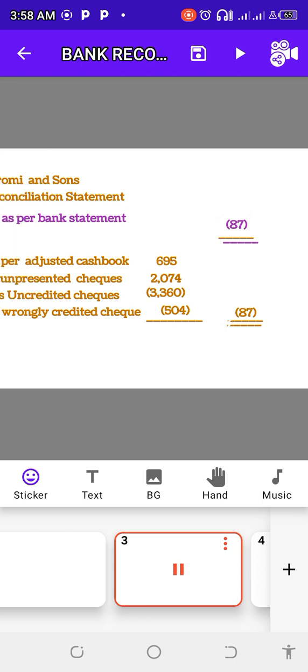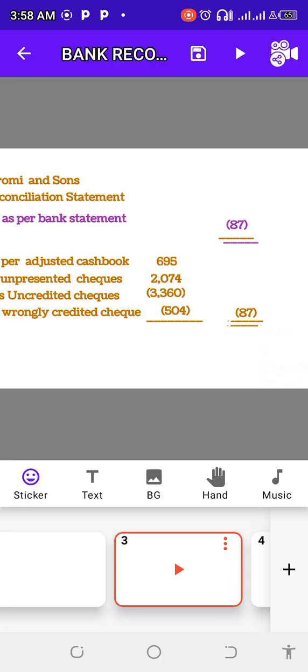Now, this bank reconciliation that we have just done beginning from the cash book, we can also do it beginning from the bank statement. If you are doing it beginning from the bank statement, we will start it like this. Balance as per bank statement.